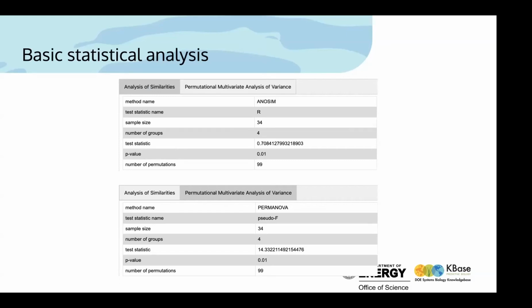I can also do basic statistical analysis of the data, and this is new in KBase, the ability to do this, because we really need to have an ability to group replicates, and you can do that by looking at samples by various factors. So here we have an ANOSIM, or analysis of similarity, result on the top, as well as a PERMANOVA, or permutational multivariate analysis of variance, on the bottom, for those samples that I showed you previously, broken down by the location.